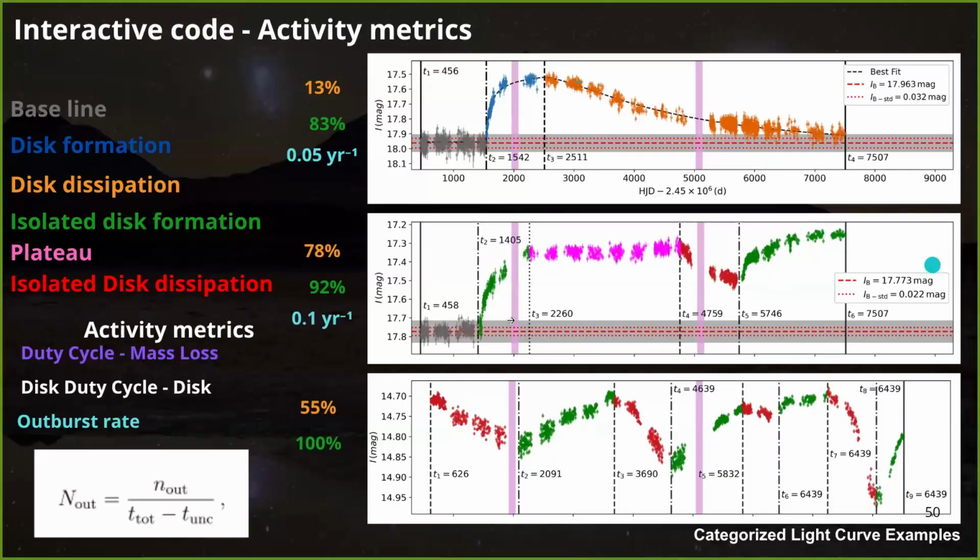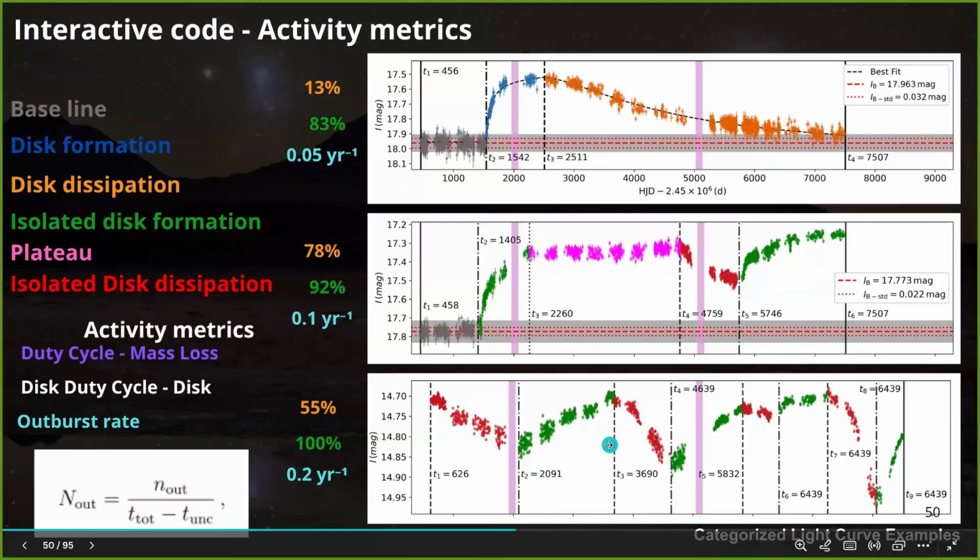In the second example, the mass loss process happens in this phase and in this phase. The mass loss mechanism is turning on twice, here and here. So it happened twice as often as observed for the first one.